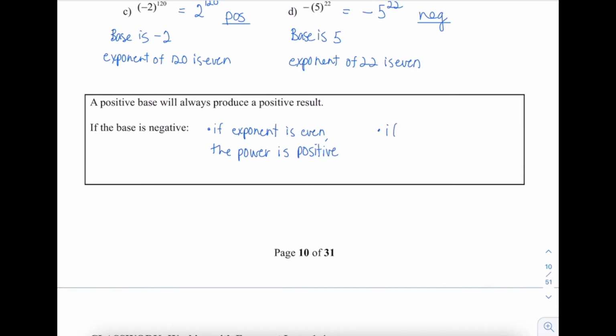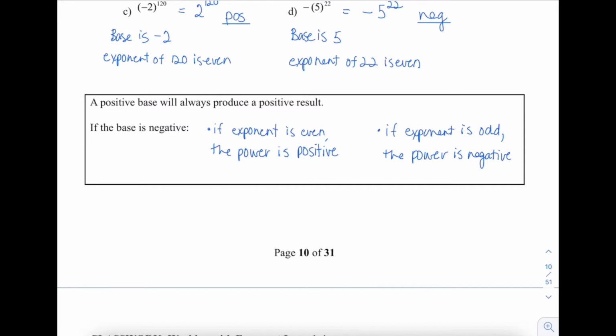If the exponent is odd, we won't get that pairing off of negative values canceling out. We're going to have one leftover negative value, and so the overall power will be negative.